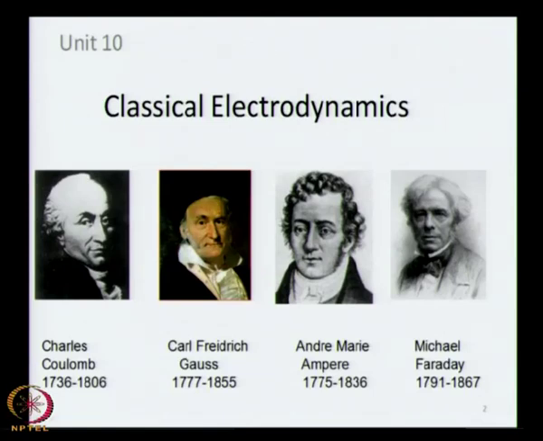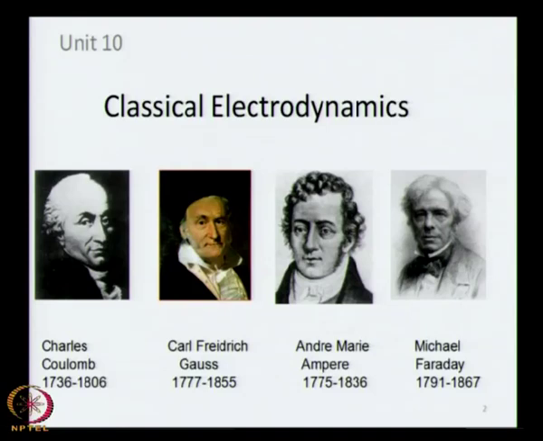So, these are the main contributors to the development of empirical knowledge, which is based on the experiments that these giants of physics carried out in their times. Charles Coulomb mostly in the 18th century, he lived until 1806, and then Carl Gauss in the 19th century, and then also in the 19th century Andre Ampere, and then also Michael Faraday.